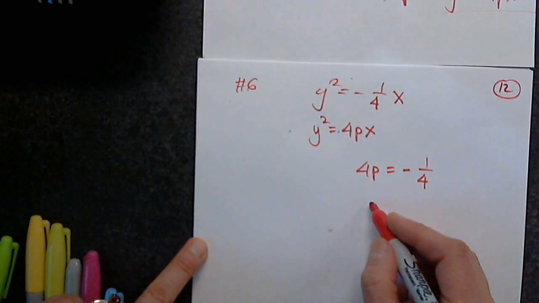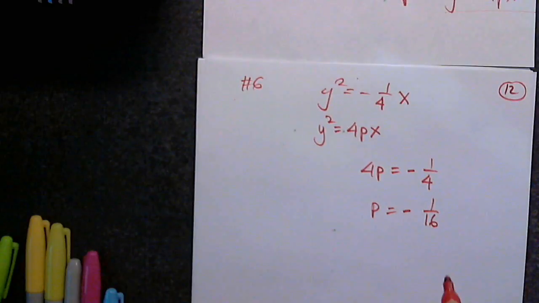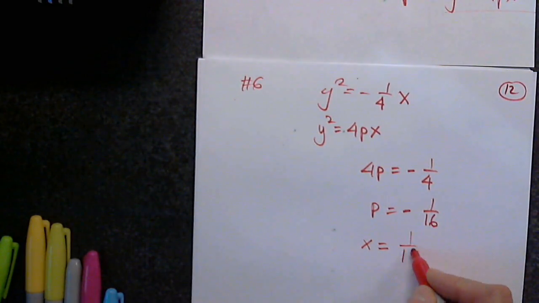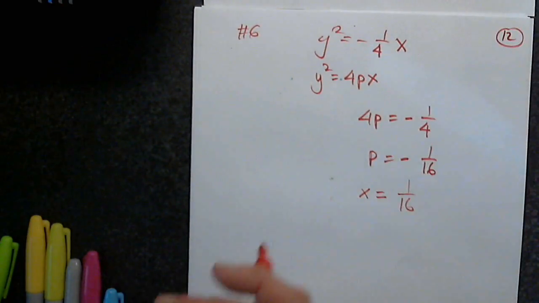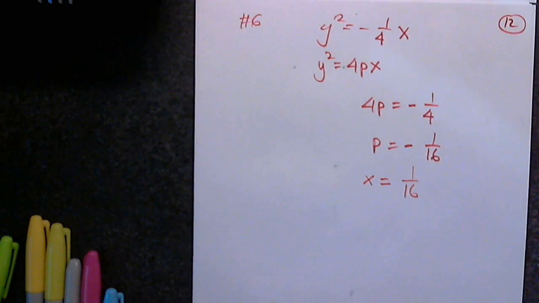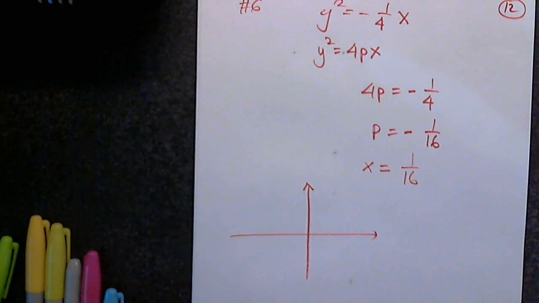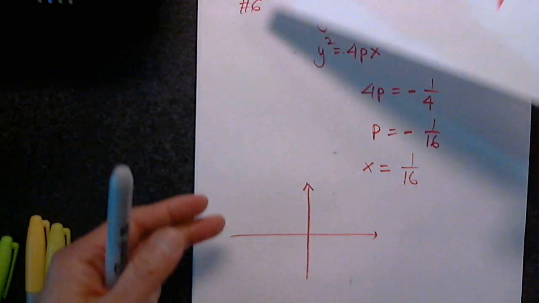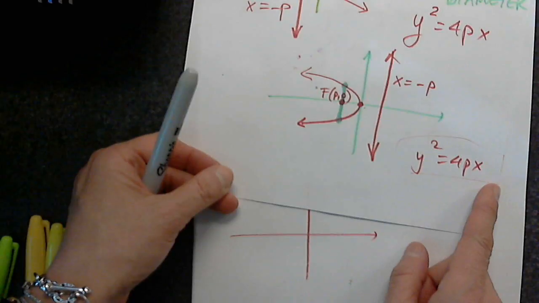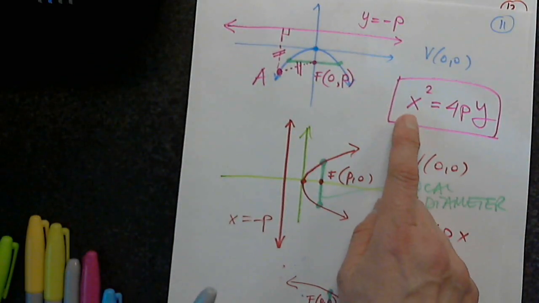Then p is negative 1/16, which makes the directrix negative p, which is 1/16. So it opens to your left. I'm given y squared equals 4px, whereas the other equation is x squared equals 4py.